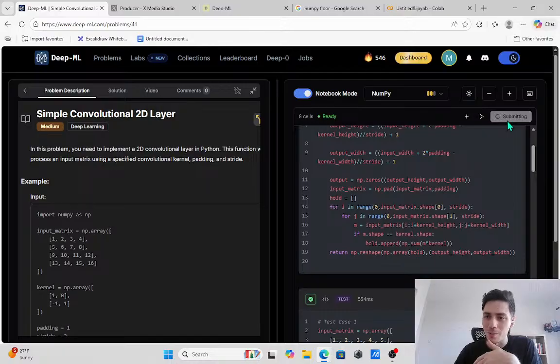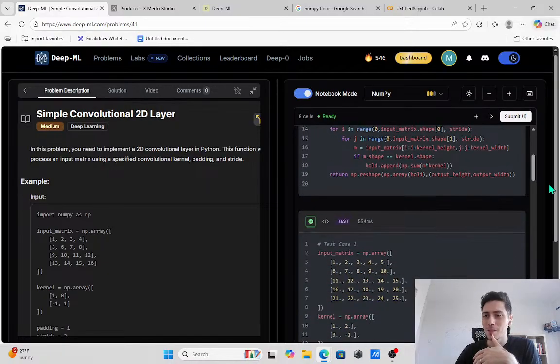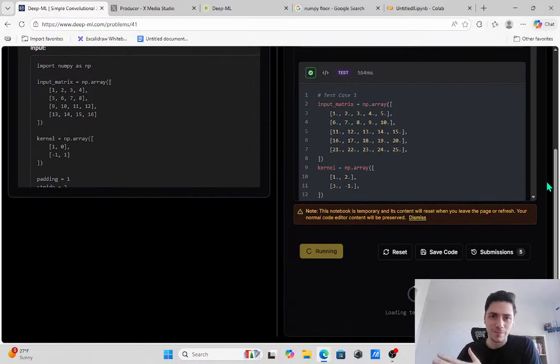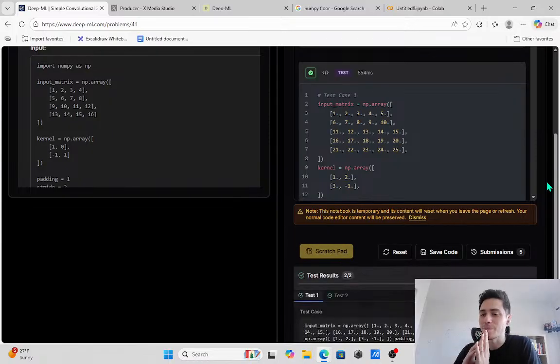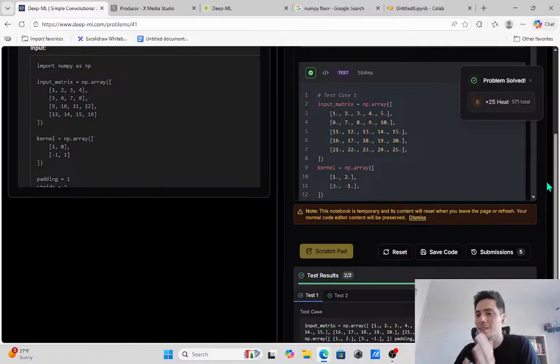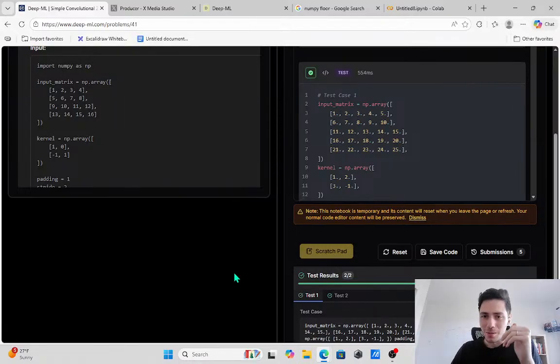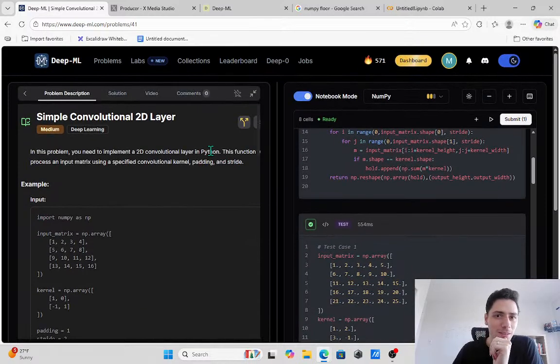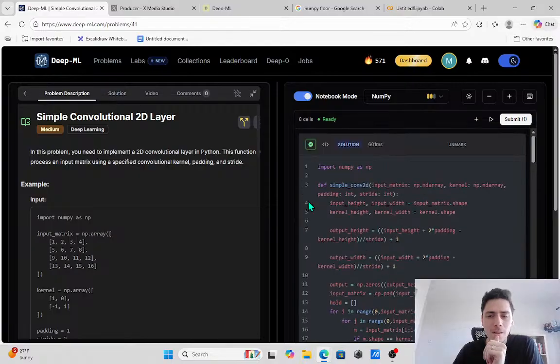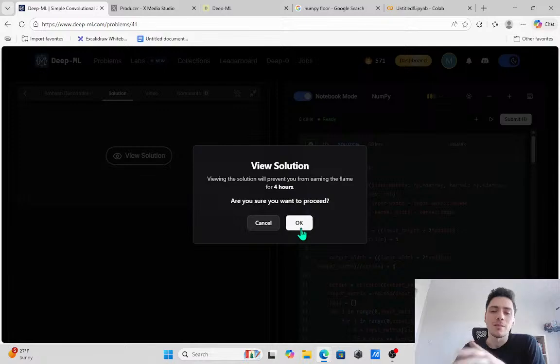I want to look at this solution. Let's run this, get this right, and then we'll look at the solution. Nice. Need more test cases for this. But fudge this question. I understand.